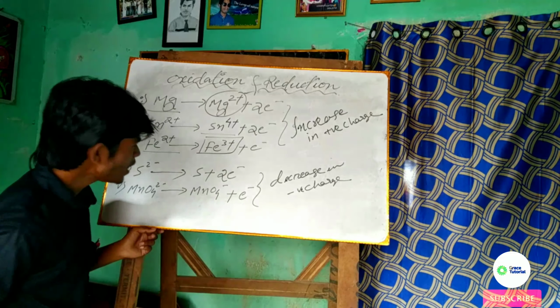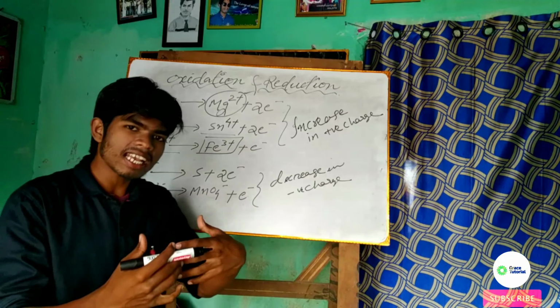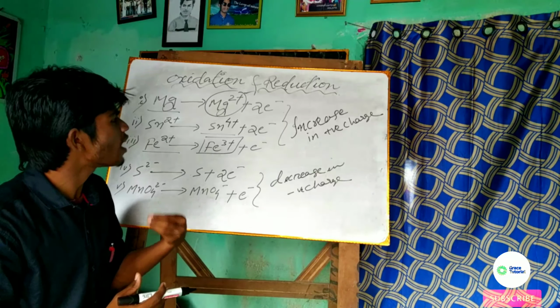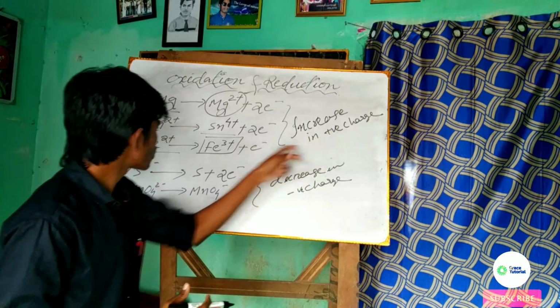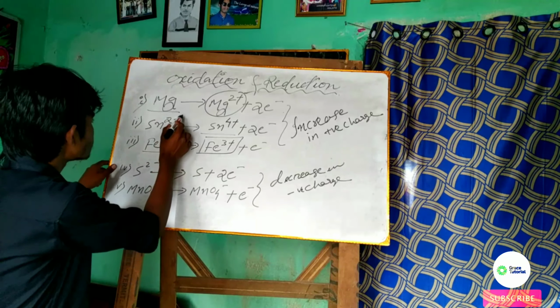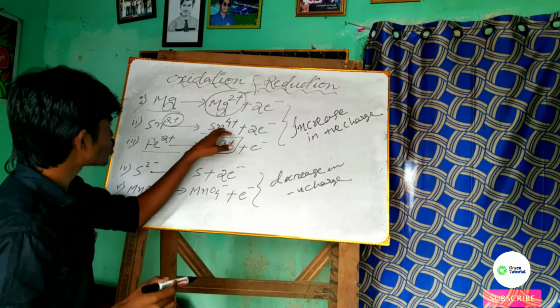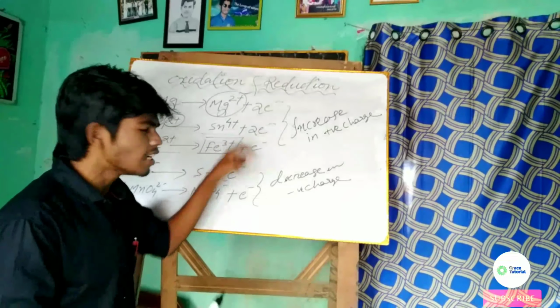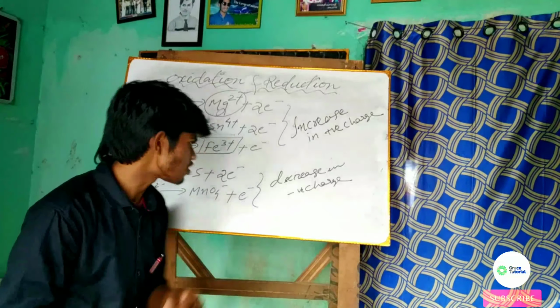That means whenever there is the loss of electrons, then what happens? There is a chance of increasing the positive charge. So if you look at here, the positive charge is 2 plus, but here the charge is 4 plus. That means the positive charge is being increased due to the loss of electrons.